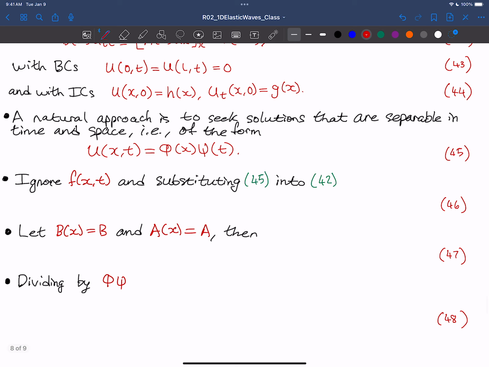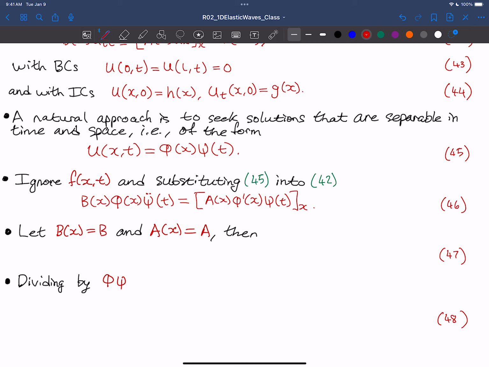We'll get B of x times phi of x times psi double dot of t is equal to the quantity A of x times phi prime of x times psi of t, all of that to an x. Again, we're ignoring the force here, so we'll leave it like that.